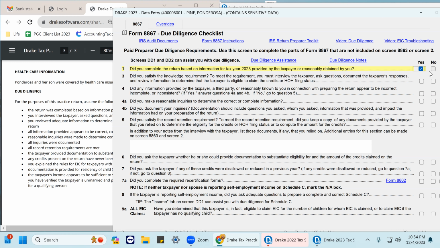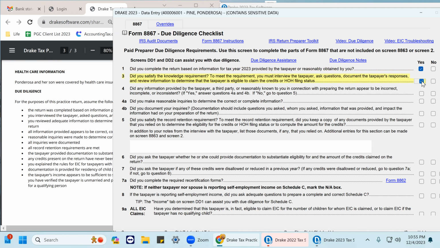When you go to an all-you-can-eat buffet, you only choose the good ones to eat. Next one. Could you read it out loud for this? Did you satisfy the knowledge requirement?